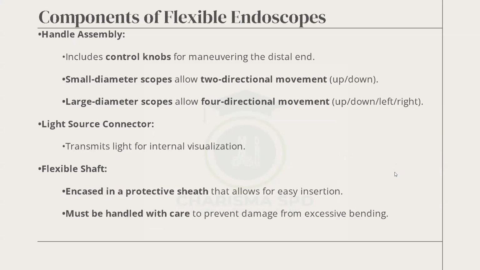We are just taking the salient points and going, because we have a lot more to cover. Components of flexible endoscopes: the handle assembly. They have control knobs, because without the control knobs it will not work.